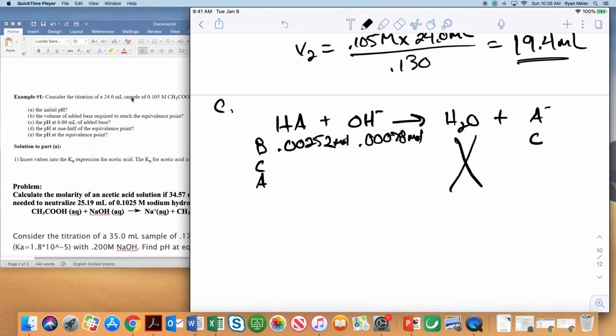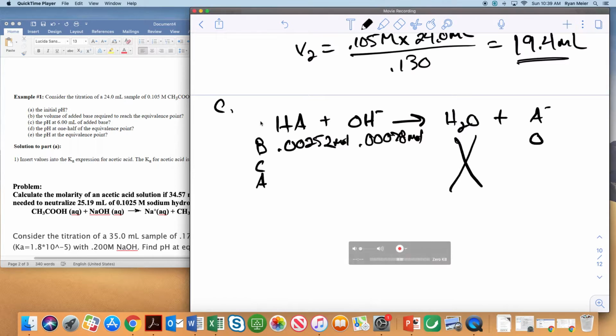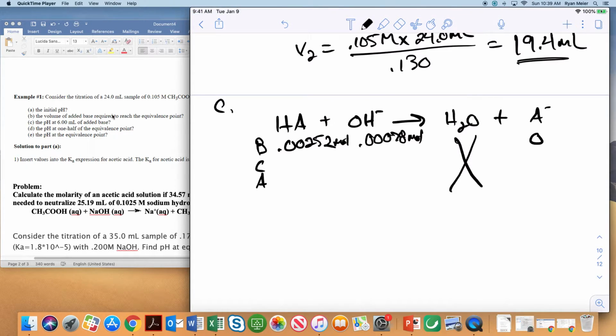Now, for the conjugate base, we don't have any to start with. Now, the change for BCA tables, remember, is just whichever of these is smaller. So that's going to be the hydroxide. We're going to subtract that amount from both our reactants. And so if I do that, I think I get 0.00174, I believe.